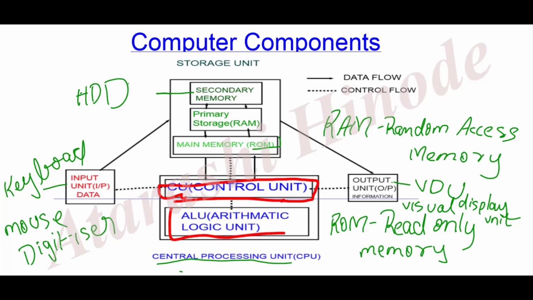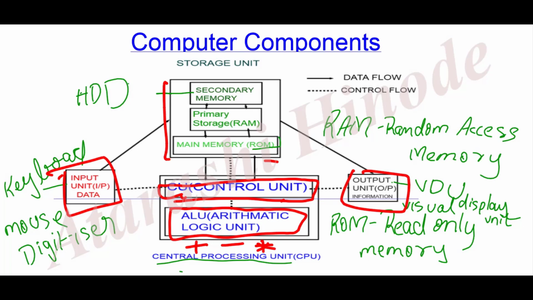And the ALU, the arithmetic logic unit, is where the actual processing takes place. It deals with plus, minus, multiplication, and such logical operations. We'll take a deeper look into these functions in later videos. So the basic computer components include the input unit, the output unit, the storage unit, and the CPU itself.